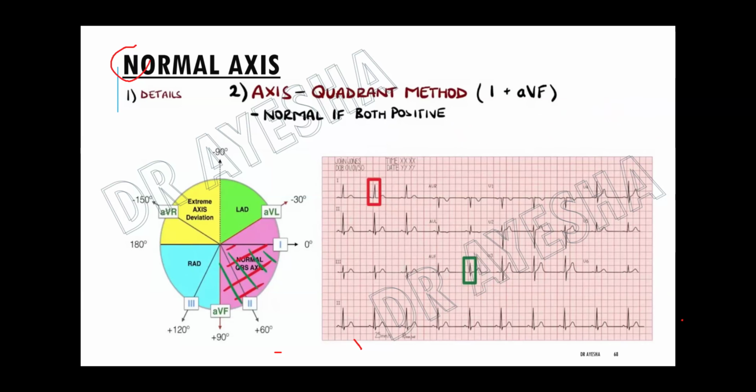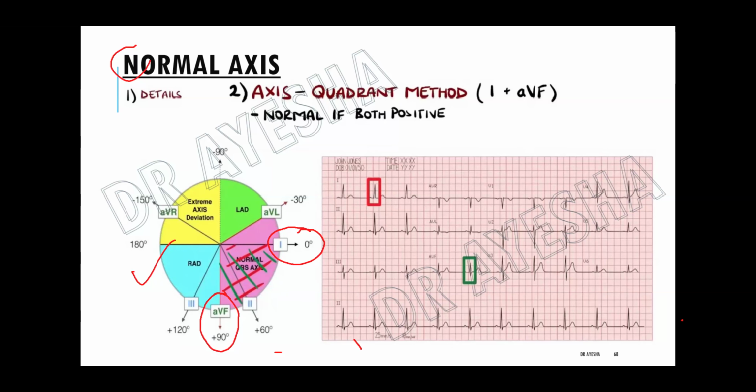Now, if someone cannot remember it this way, we have another way as well, by making a diagram. I'm trying to make it simple for you. Lead 1 is at the 0-degree level, and lead AVF is at the 90-degree level.